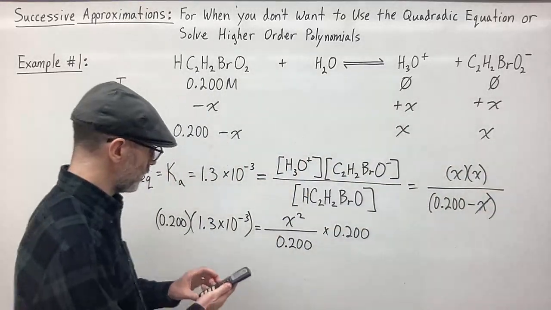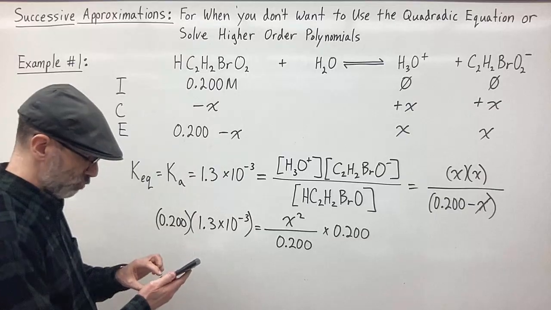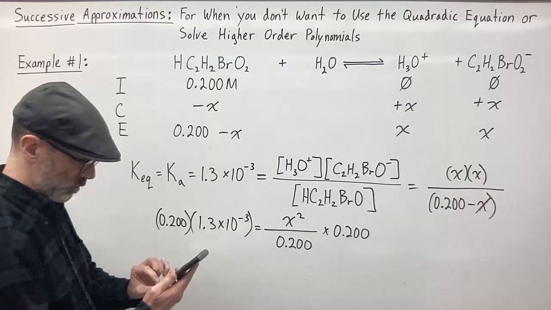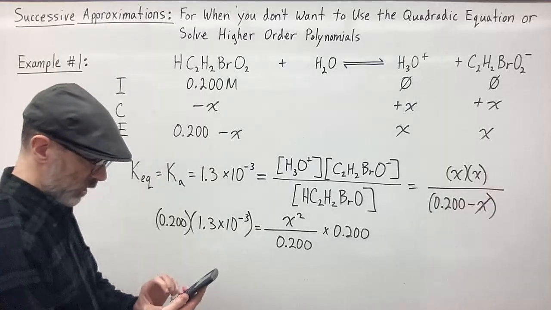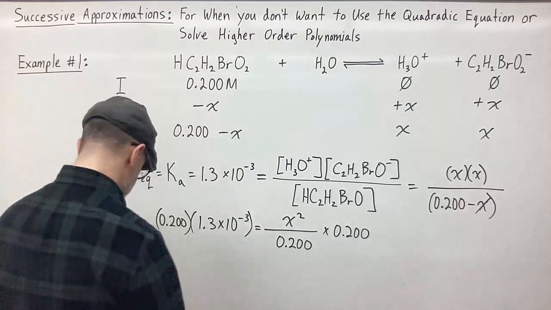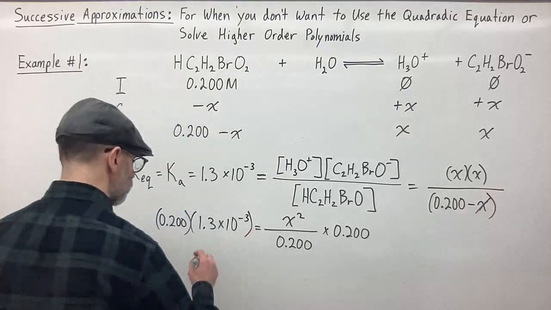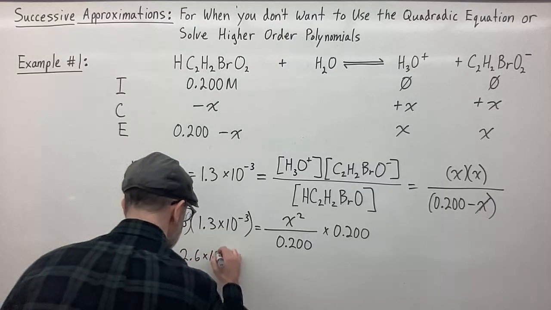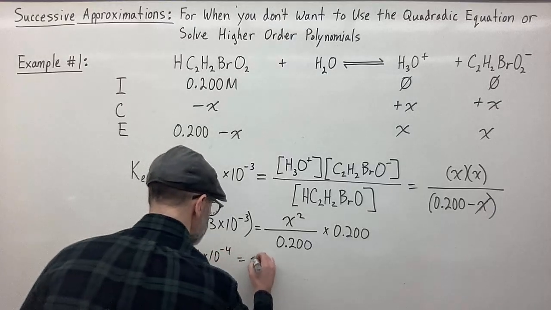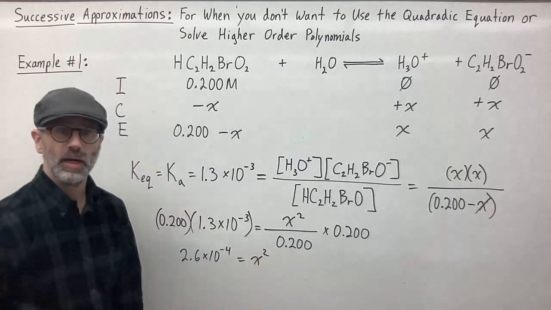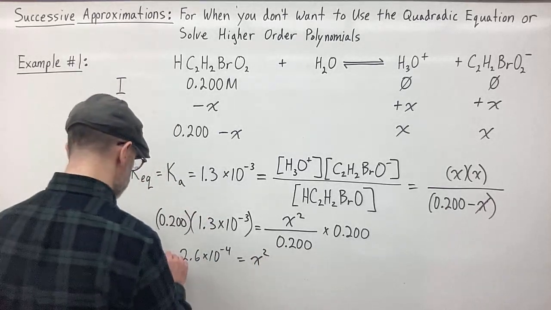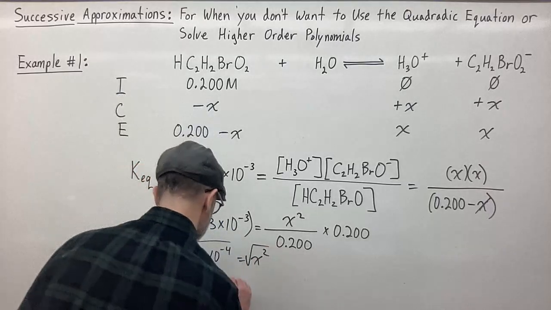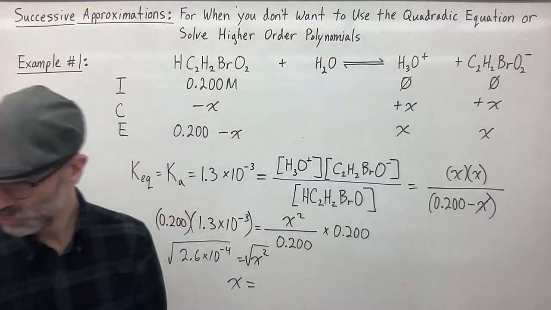So when I calculate this, I get 0.2 times 1.3 times 10 to the negative 3 equals 2.6 times 10 to the negative 4, right? So I get 2.6 times 10 to the negative 4, and that's equal to X squared. So now all I need to do is square root both sides, right?